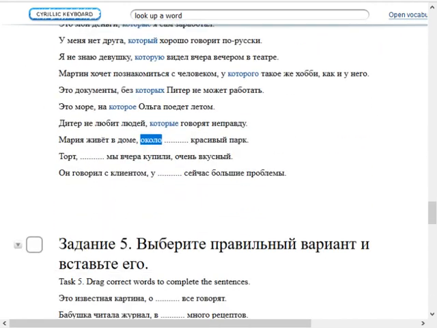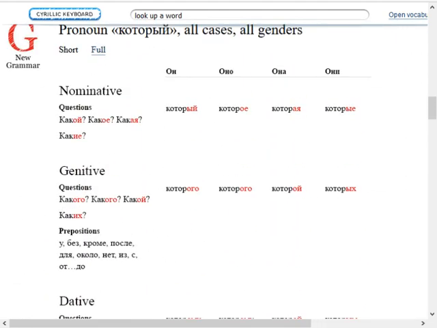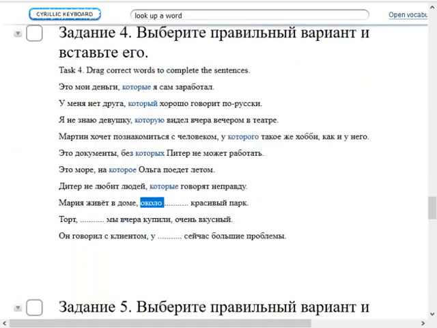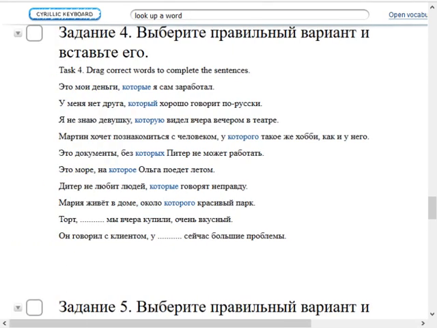It's not a preposition that we've seen very much in these lessons thus far. But dom is a masculine noun. So we have genitive masculine, which should be которого. So let's plop it down there in the blank space.